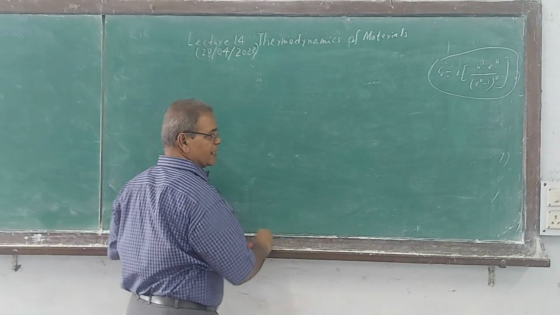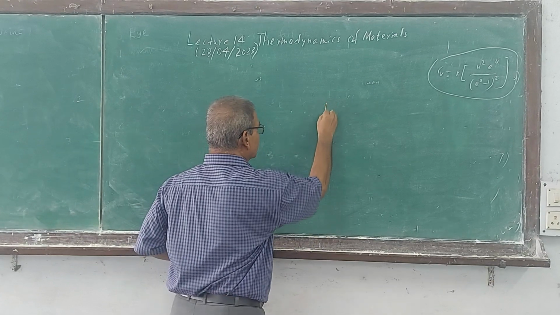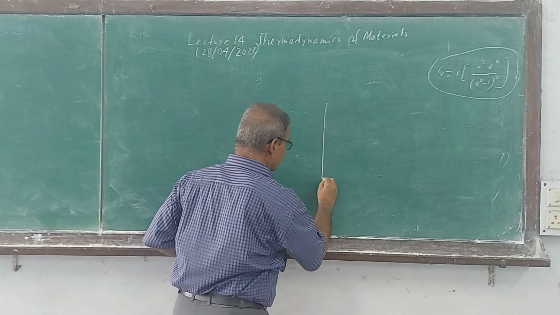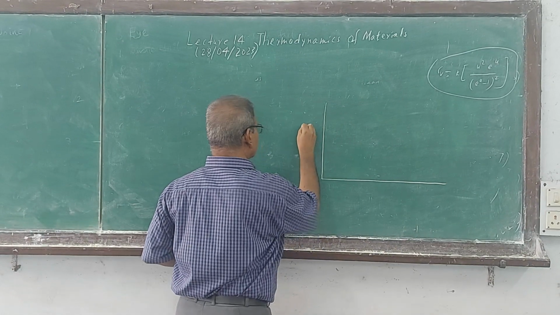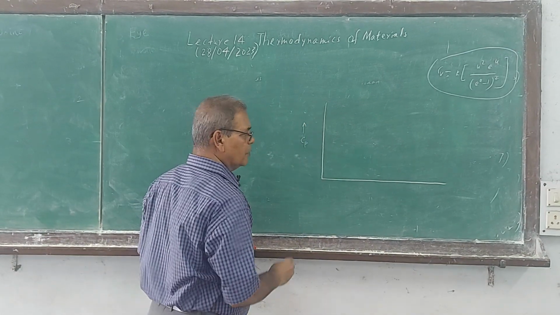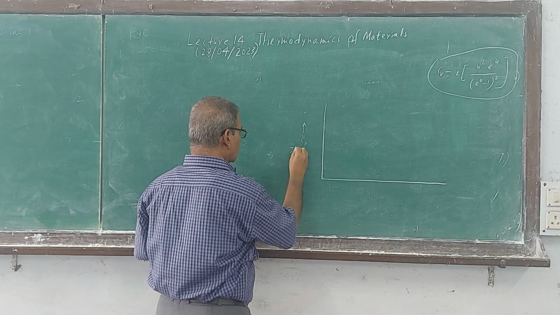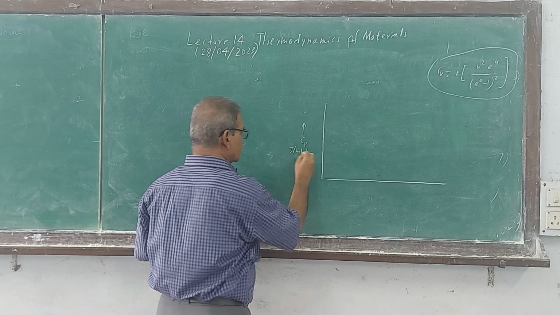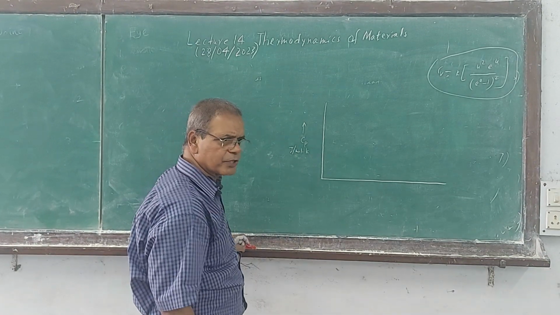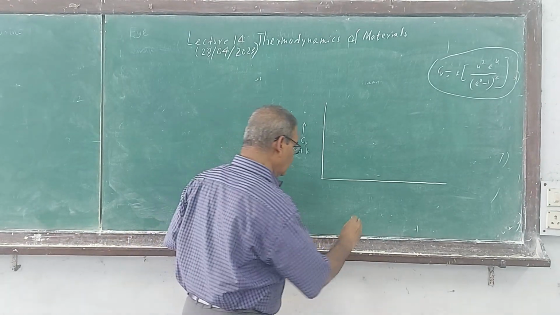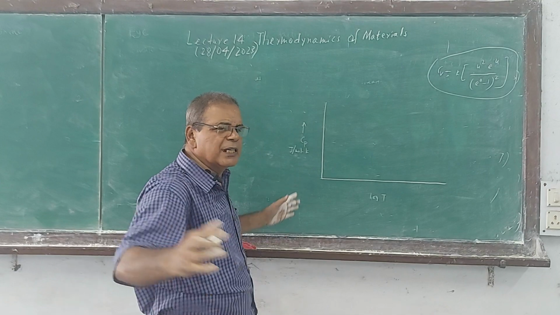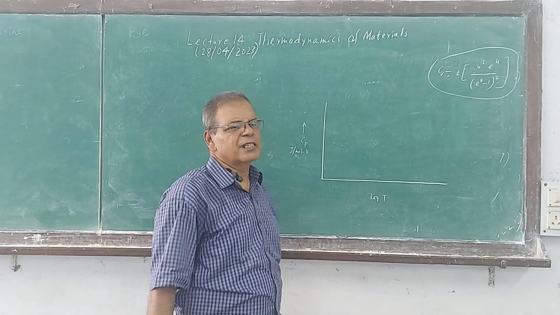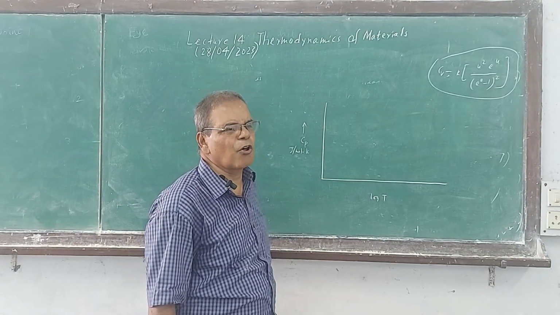So let me sketch the heat capacities. Cp in joule per mole against log T, to accommodate a large range of temperature. That is why I use log.